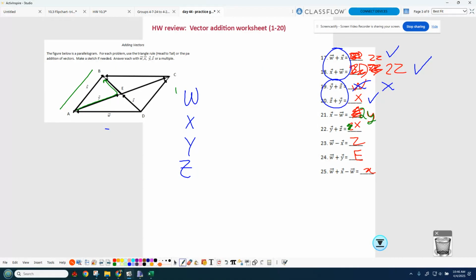W minus X. Here's W. And now minus X is this way. Senna, are they added correctly or do I need to move somebody? Is the end of one taped to the beginning of another, or are the beginnings at the same place or the ends at the same place?